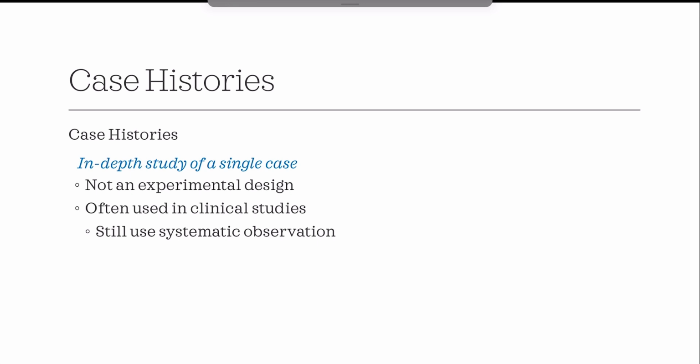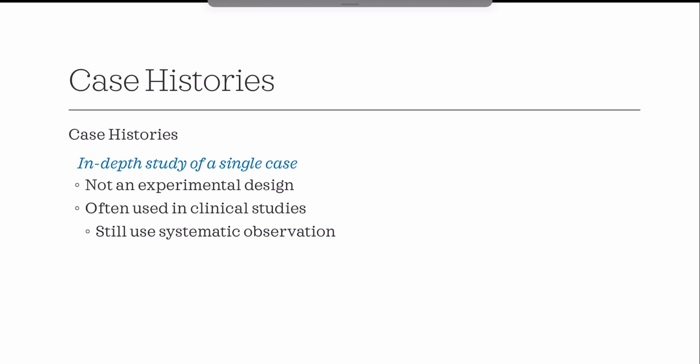It's often used in clinical studies. I used to use an example of a woman having a panic attack, because there are some really good case studies on what a panic attack feels like and what types of things help people who are experiencing those things. So it's common. In that case, it was used in a clinical study, and the researchers still use systematic observation.